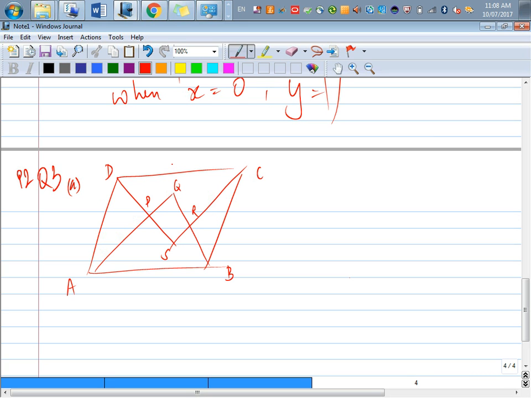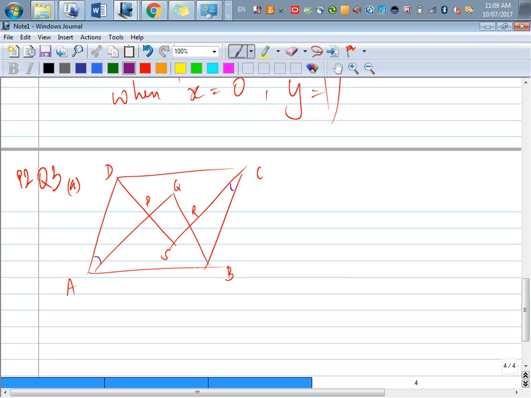Let's identify the angles first. PAD. This angle over here equals to angle RCB. To show that they are the same, we are going to have to use the properties of a parallelogram. In particular, which property? Something about their opposite angles.